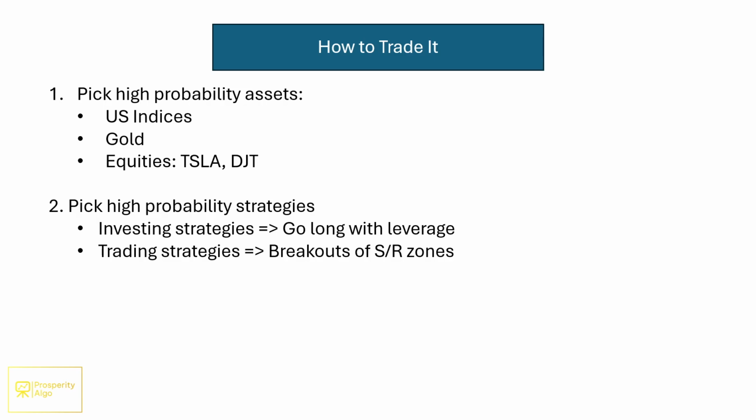And on a side note here, Tesla, with Elon Musk being an ally, and he will be heading up the DOGE, the Department of Government Efficiency, that could also lead to more positive momentum towards Tesla. So here, depending on if you're taking more of a bullish or bearish bias, picking assets which are likely to trend upwards and/or downwards could be very helpful, because as long as you know that the price action is clean, be it bearish or bullish, you can apply trading systems to benefit off of that.